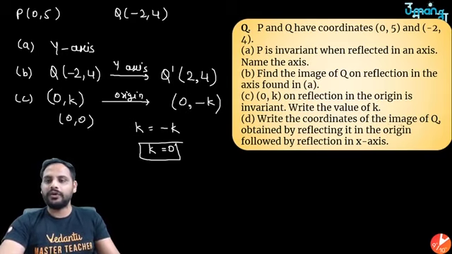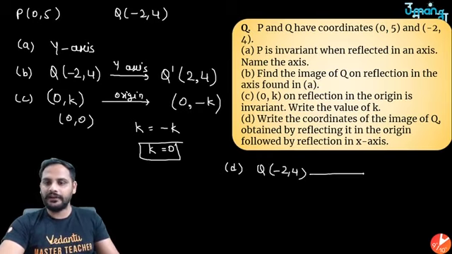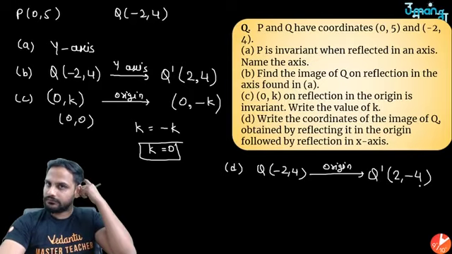Fourth, write the coordinates of the image of Q obtained by reflecting it in the origin followed by reflection in the x-axis. Okay, remember. So first this Q (-2, 4), we will be reflecting it in the origin. If we do the reflection under the origin, this will be equal to (2, -4), right?